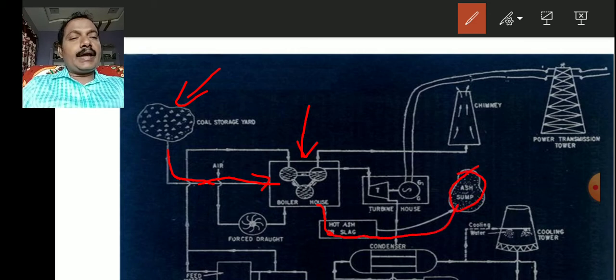This is the ash sump. So this is the first circuit. The coal is coming as a fuel into the boiler. The furnace of the boiler burns the coal and produces the ashes also. This hot ash, waste material, is collected in the ash sump. So this is the first circuit.